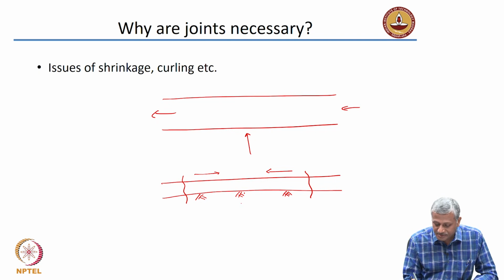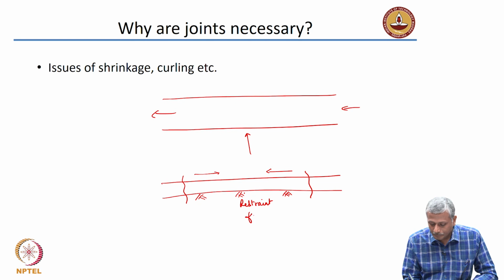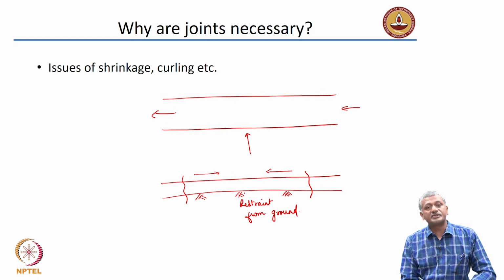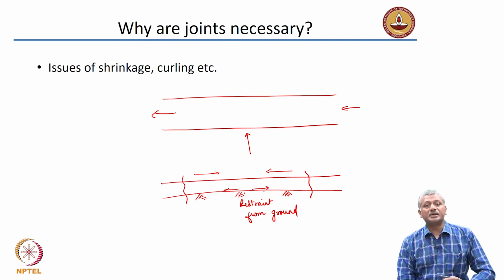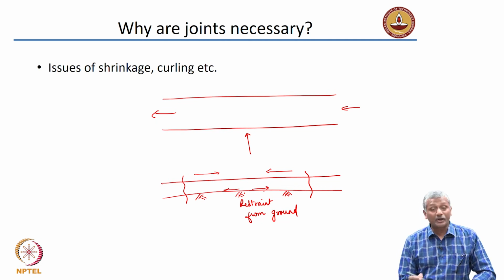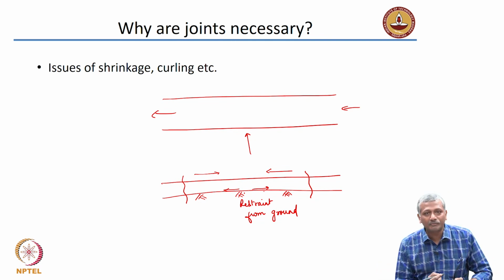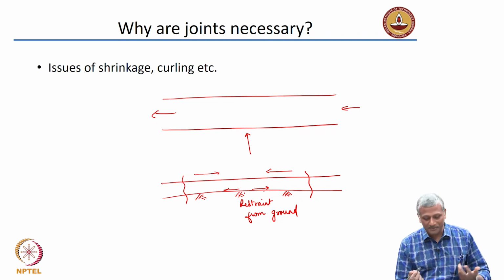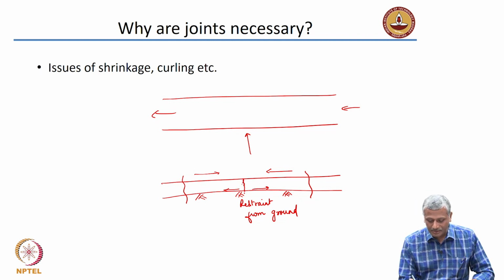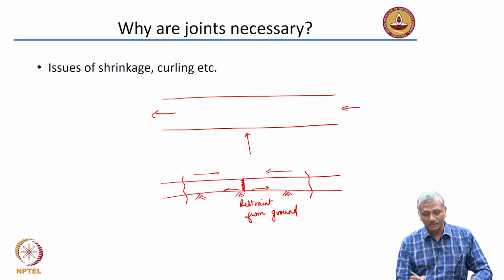Because of this restraint, there will be a tensile stress generated in the pavement slab. Concrete does not withstand tension easily, like most human beings, right? We also don't withstand tension. We crack under tension. Concrete does the same. So there's cracking in concrete that happens as a result of the tension.